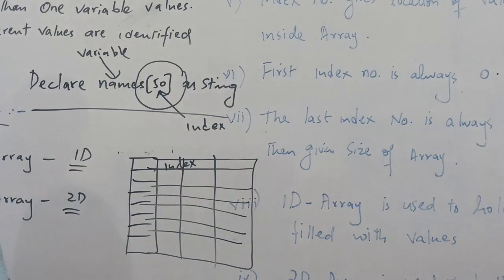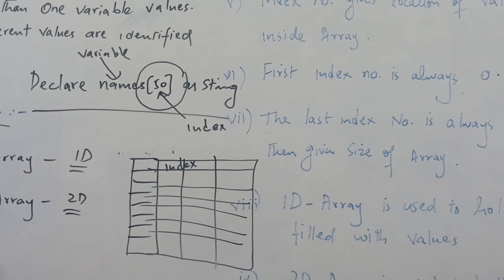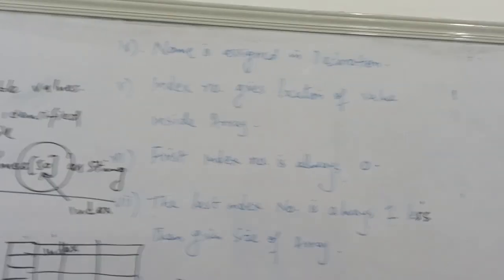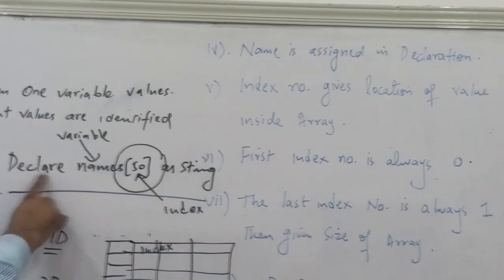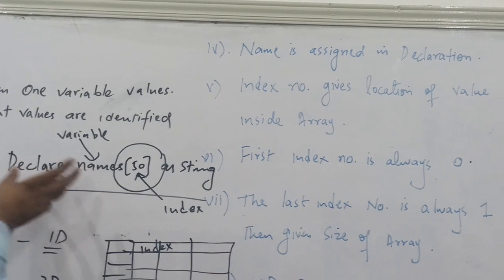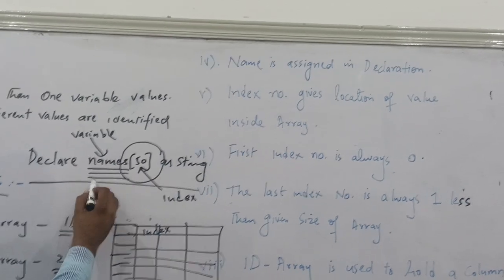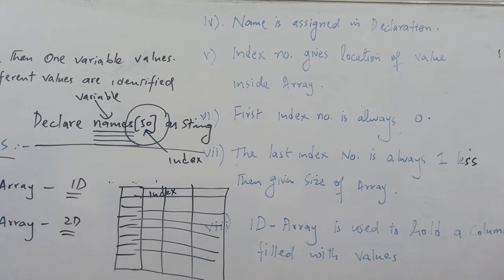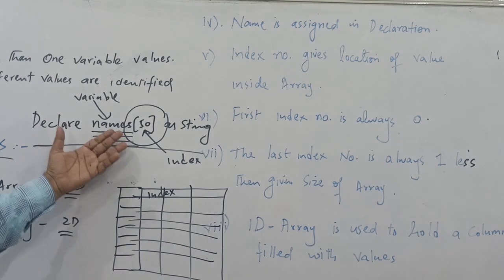So the array name will always be made up of two parts. Coming to point number 4, the name is assigned in the declaration. This declare line is called the declaration, and in this line we have to decide what name I will use. This is the time that you have to decide, just like a variable.